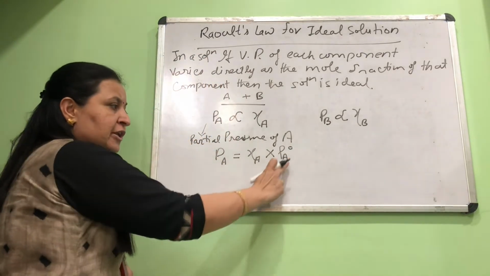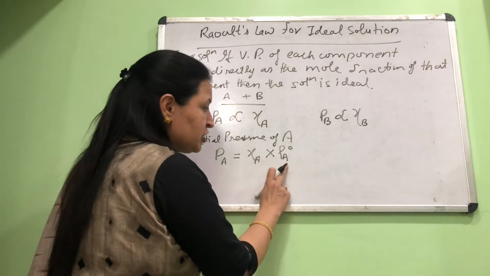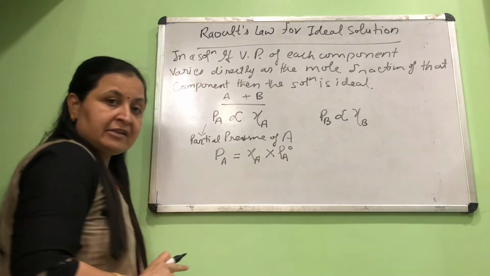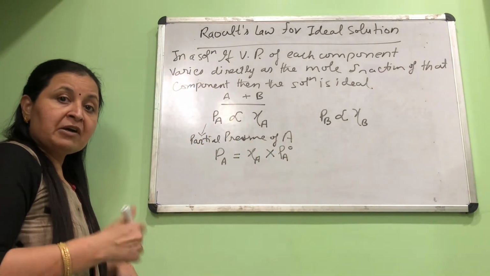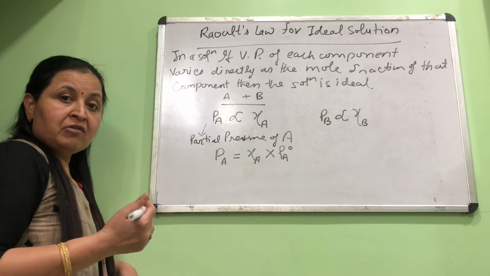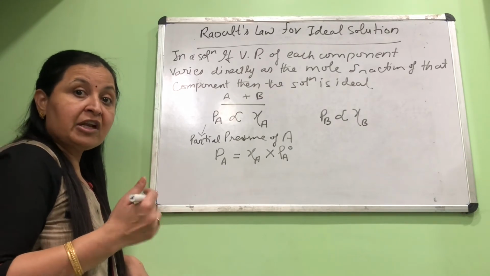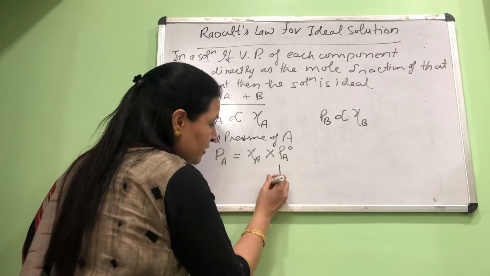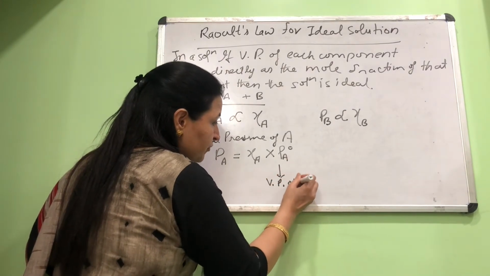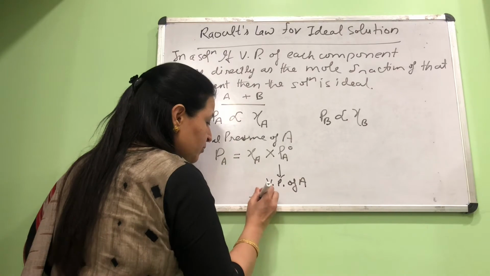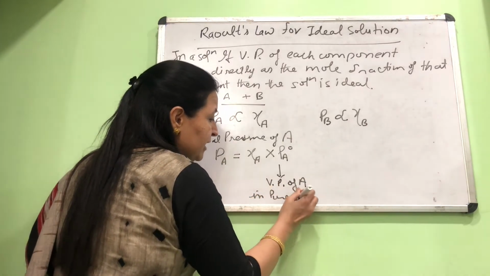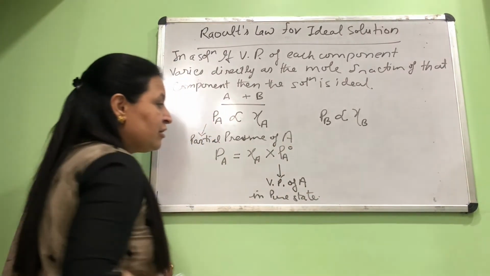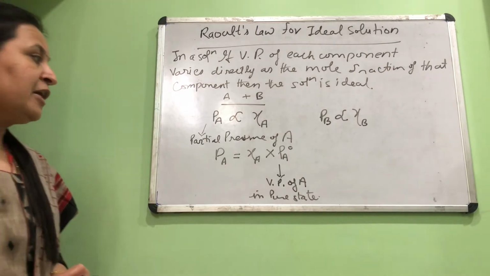PA naught represents the vapor pressure of A in pure state. That means not in the solution, but when A is present alone, it is the pure state vapor pressure of the liquid component A. So PA naught is the vapor pressure of A when it is in pure state, without any other component.